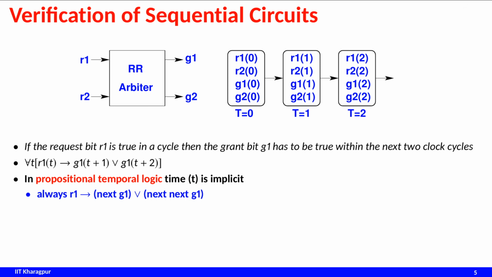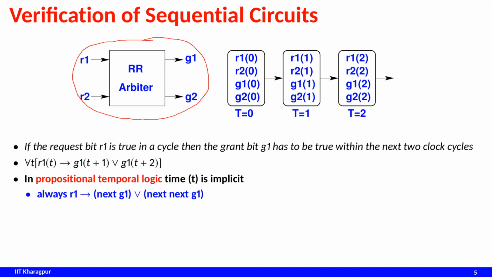Now in order to extend the idea of normal combinational circuit or the normal propositional logic, we would like to visualize this arbiter in this way. We will unfold the circuit.